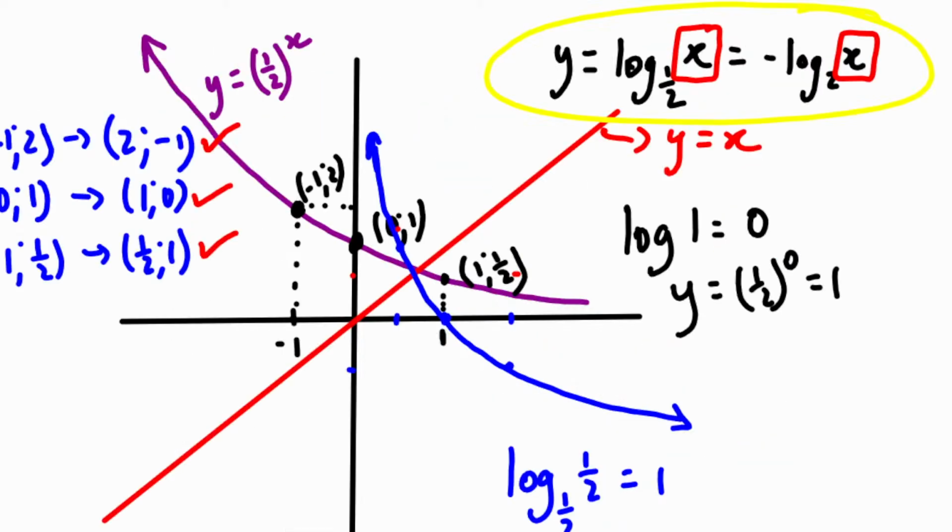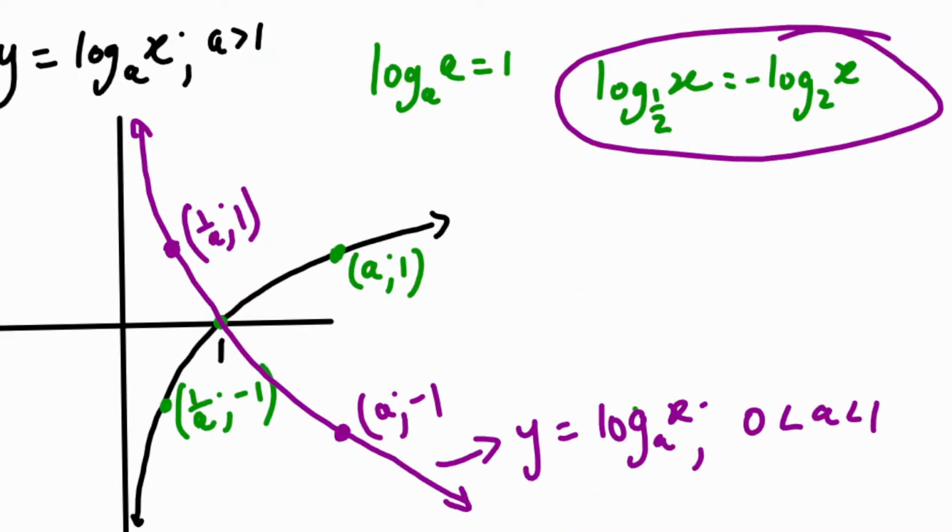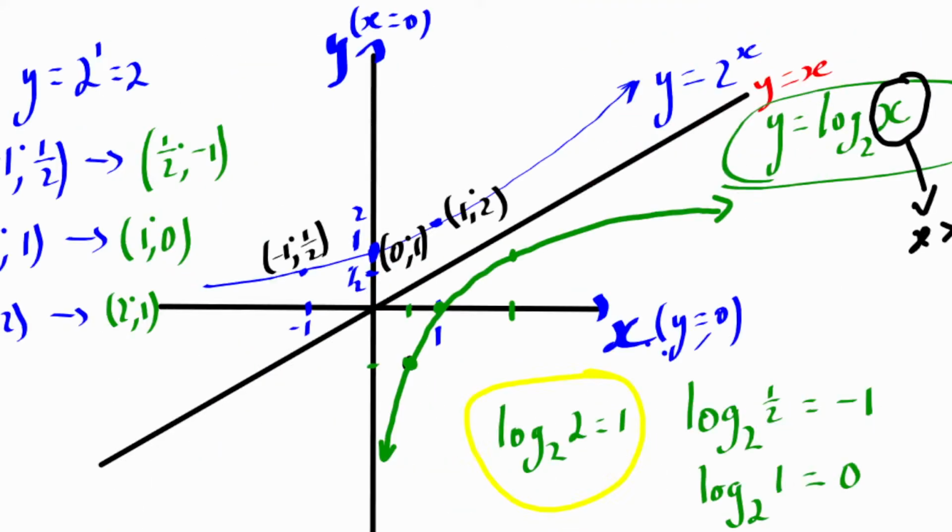Again, I want to take you to this situation here. Note that the blue graph is y equals 2 to the x. If I had to reflect this blue graph along the y-axis, it would have become this.